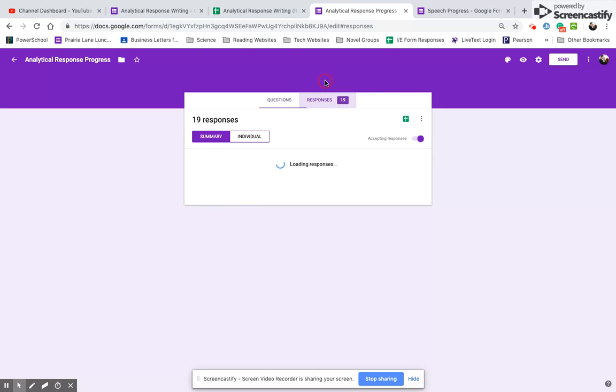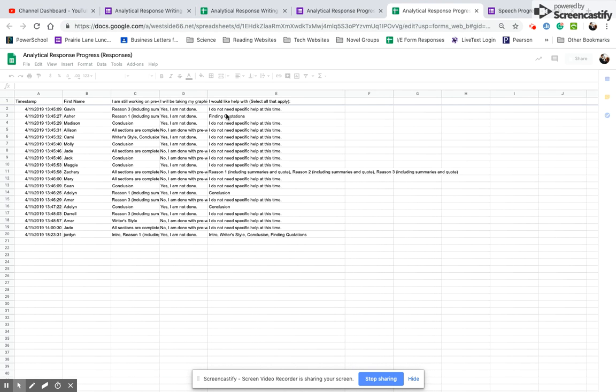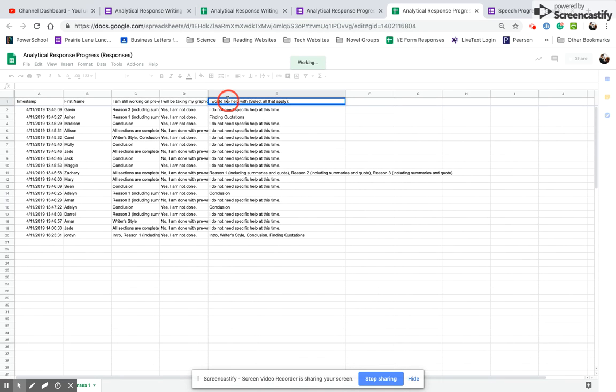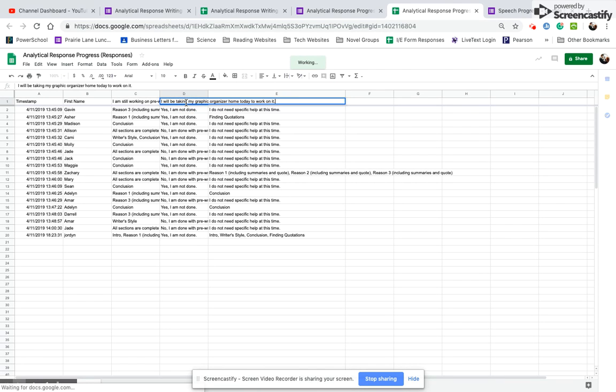And so, again, I went to the responses in the Google Sheet, and I was specifically looking at who's going to need to take their graphic organizer home, where they're at, and who wanted help.